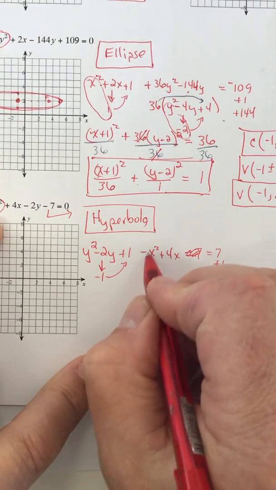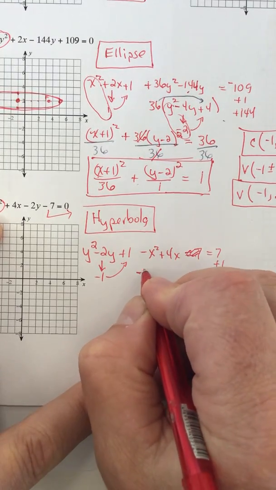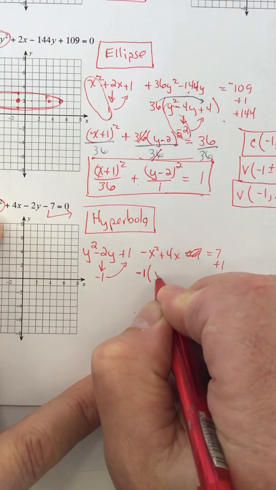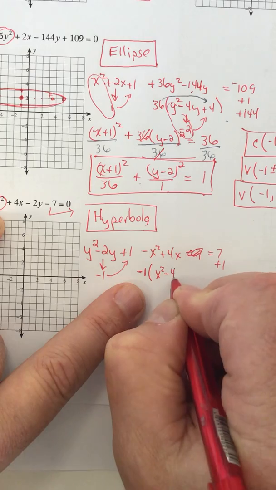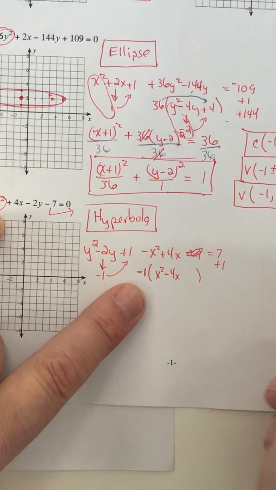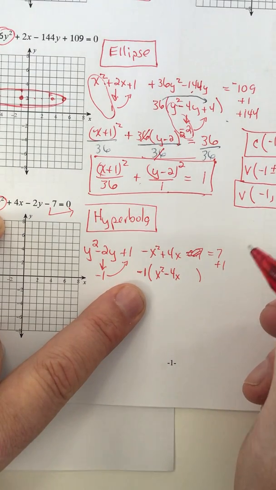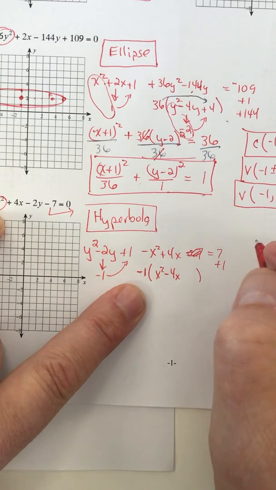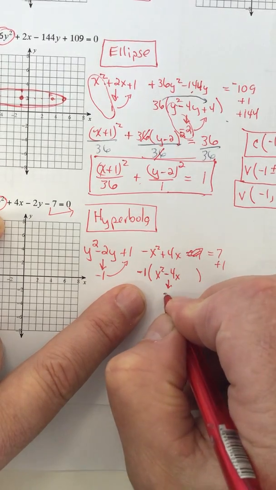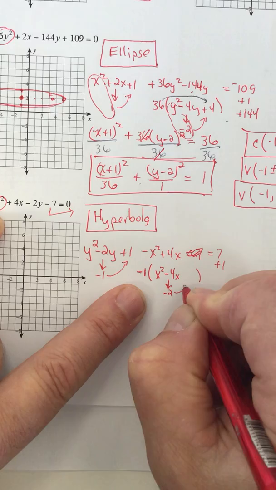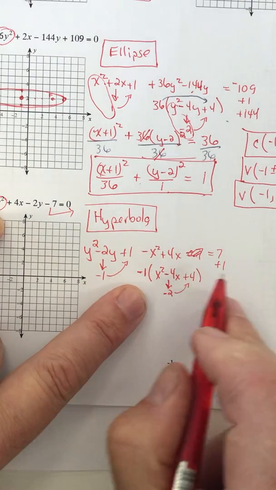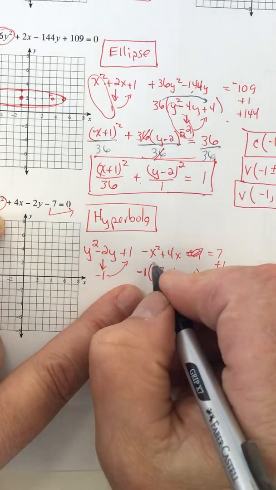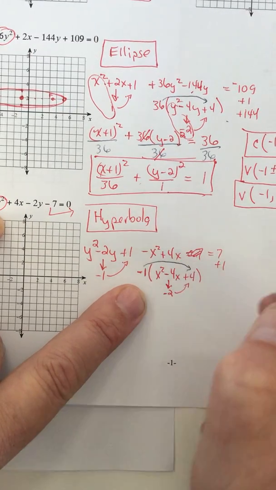Okay, we cannot have that negative there, so I got to divide it out. I'm going to divide a -1 out of that so that it's a positive x squared. Dividing a -1 out of that makes it -4x with the whole. Okay, so half of that is -2. -2 squared is 4. So it looks like I added 4 to one side. I got to add 4 to the other side, but it's really 4 times -1.